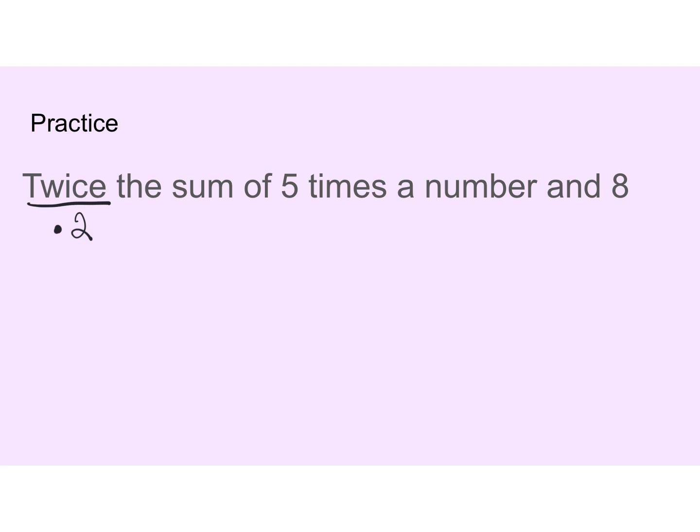But I got to know what the addition problem is. Well, the addition problem comes from this 5 times a number and 8. So here is that sum that we're looking for, which is why I have to put those parentheses there. So really, this is going to say twice the sum of 5 times a number and 8.